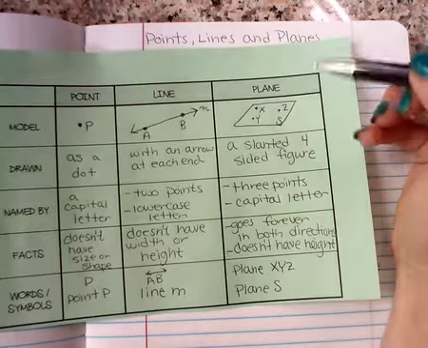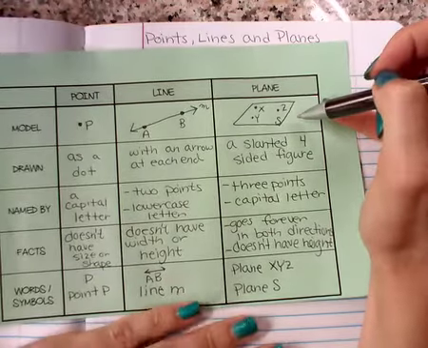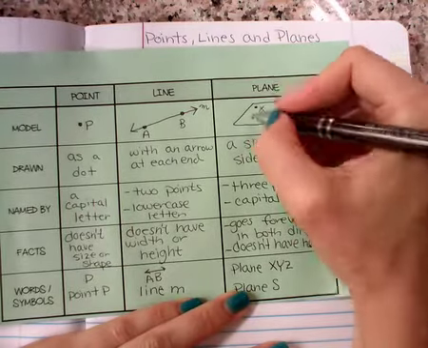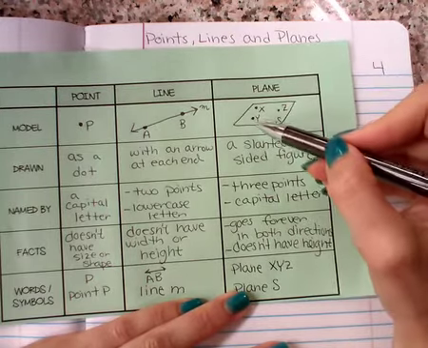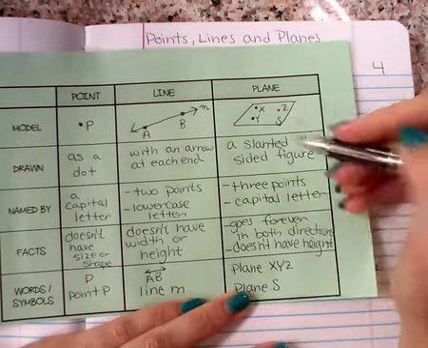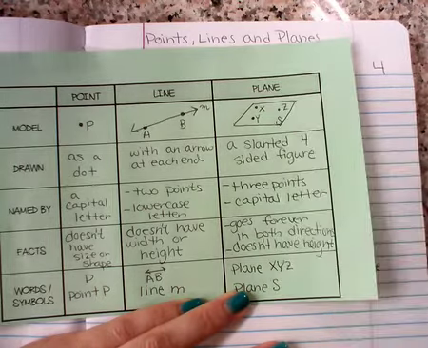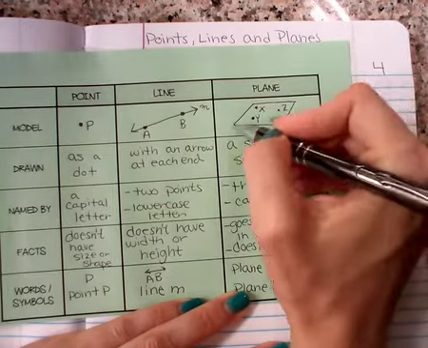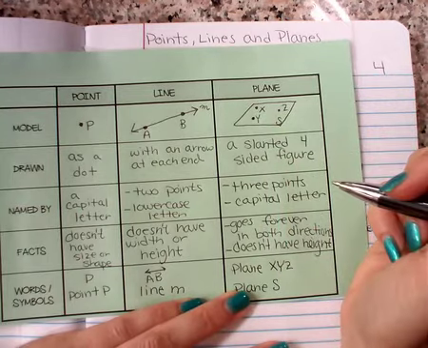All right, and our last undefined notion is a plane. Planes are always drawn using 3 points. So this plane has the points X, Y, and Z in the plane. To describe the plane, we always use a 4-sided figure. So here I've drawn a parallelogram to describe our plane.